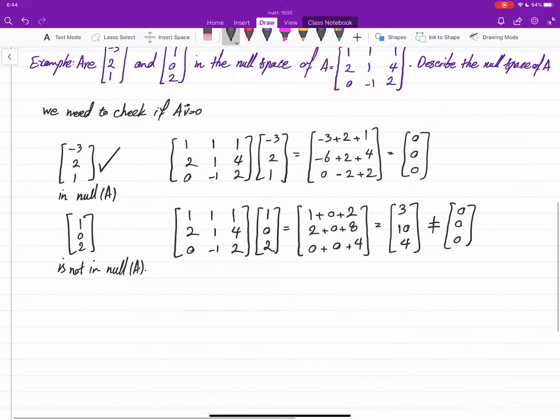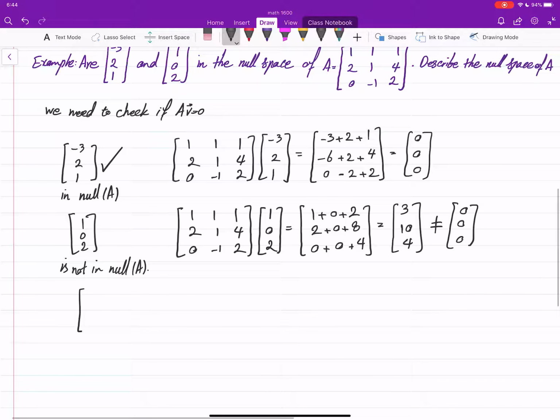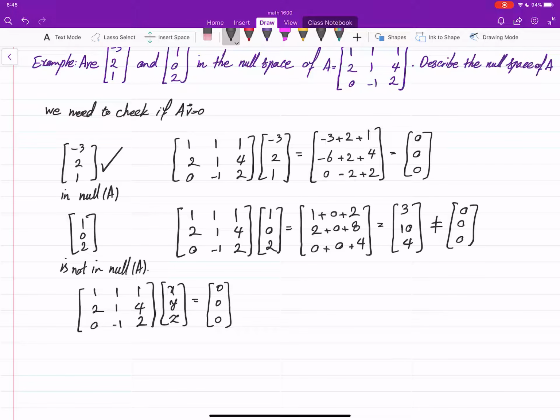How can we find the description of null(A)? Well, that is clear. You're trying to find solutions of the matrix (1, 1, 1), (2, 1, 4), (0, -1, 2) times (x, y, z) equals (0, 0, 0). You want to solve this, so you form the augmented matrix.